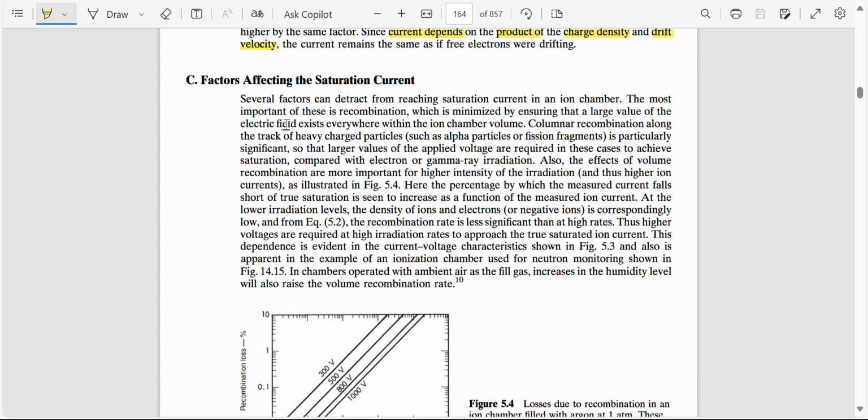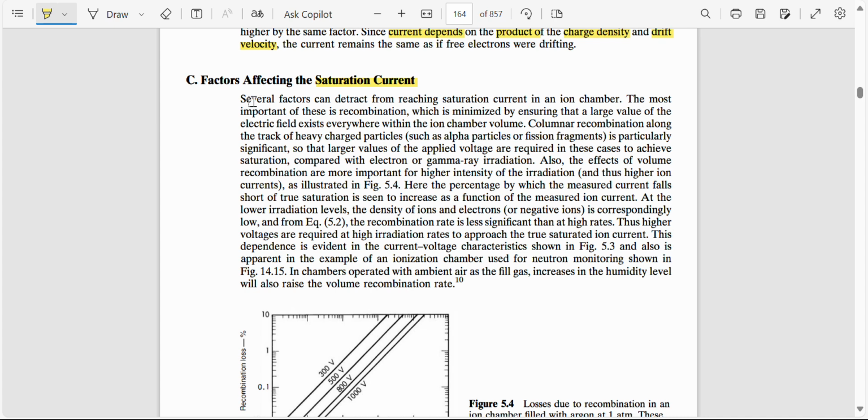As you can see, there is a point which is called the saturation point.